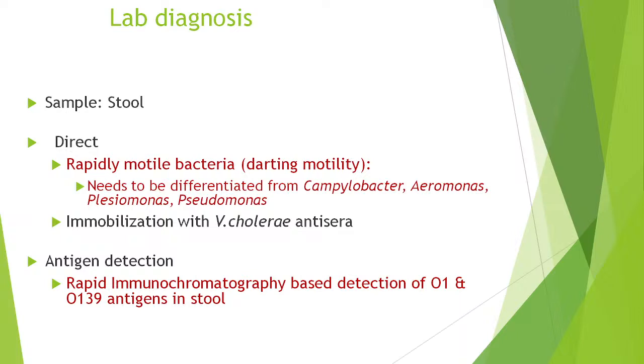Campylobacter, another cause of diarrheal illness, is a gram-negative curved bacillus with polar flagella. Campylobacter, Aeromonas, Plesiomonas and Pseudomonas need to be differentiated, as they show darting motility. How can you make it specific? By immobilization with V. cholerae antisera. You examine a stool sample and see the darting motility in the sample.